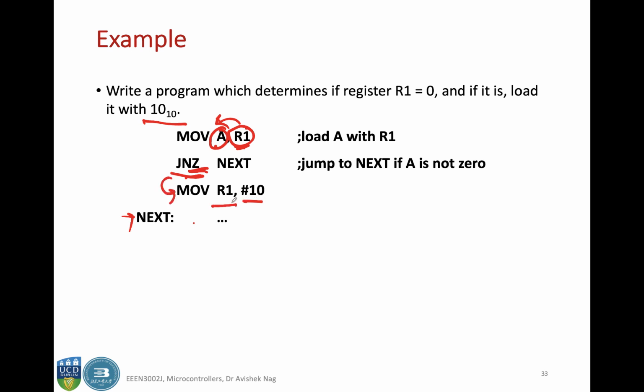So this is kind of the if-else type of logic that you use in high-level programming languages like C or Java or Python. So if it is not 0, then go to the next line. If it is 0, then go to here.